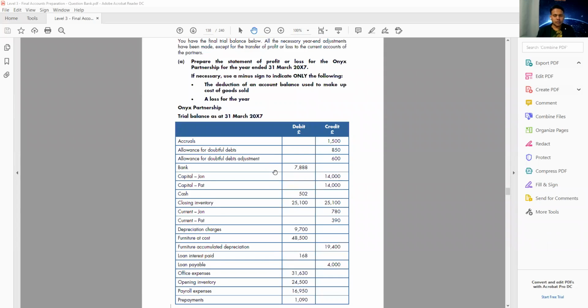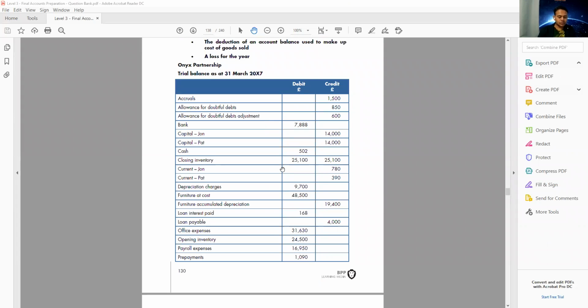So first of all, we need to find out which ones will go to the statement of profit and loss account. Which one will take to profit and loss account? First thing first, let's look at one by one. So here accruals, we can see accruals is not going, no. Then allowance for doubtful debt, that will be minus from our sales ledger control, so that will not go.